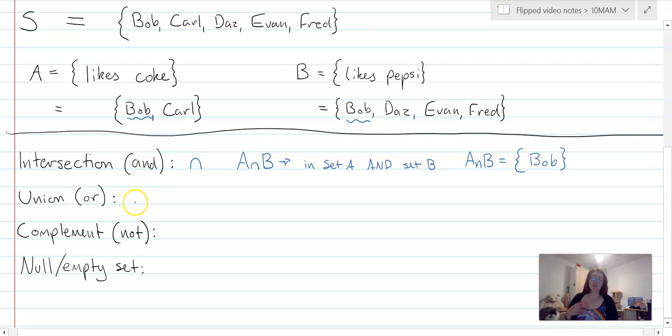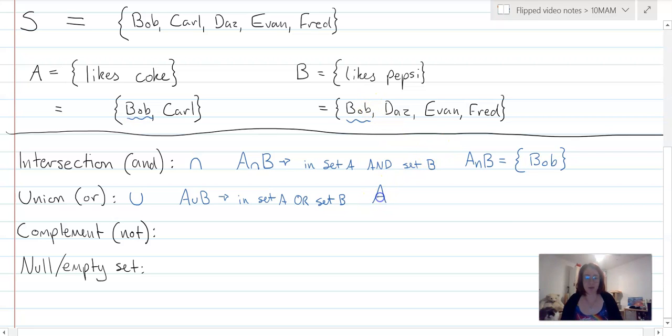Union, which we can think of as an OR, is represented with a little U. So it's like the intersection, but upside down. If we have A union B, it's in set A or set B. That doesn't have to be exclusive, so it can be either set A or set B or both. If it's not both, usually the question will specify.